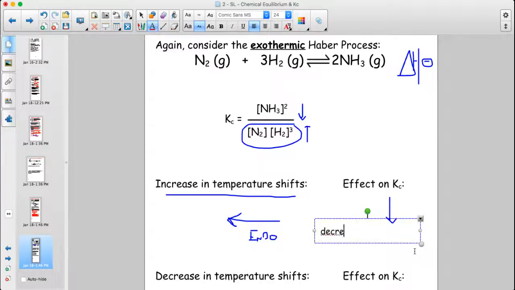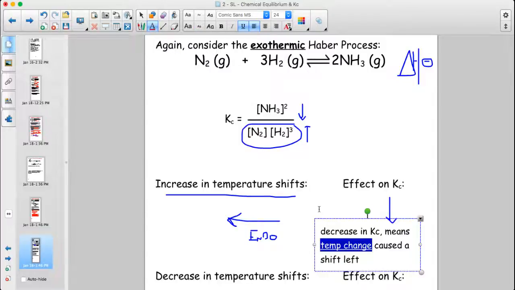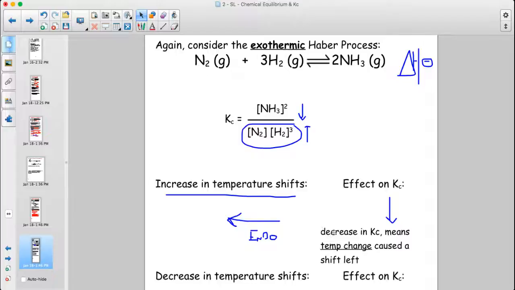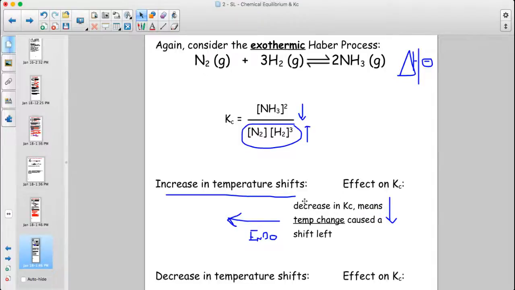So a decrease in Kc means a temp change caused a shift left. And again, remember, it has to be a temp change because unless it was a temperature change, a shift left would not have caused the Kc value to go down. This only happens with changes in temperature.